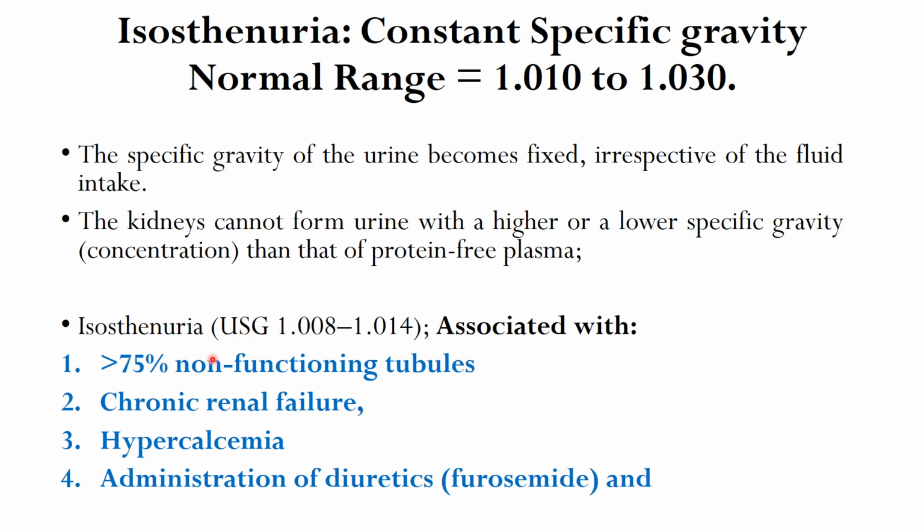So in isosthenuria, the level remains between 1.008 to 1.014, and it is associated with more than 75% of non-functioning renal tubules, chronic renal failure, hypercalcemia, and administration of diuretics such as furosemide.